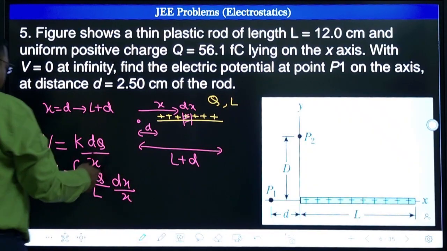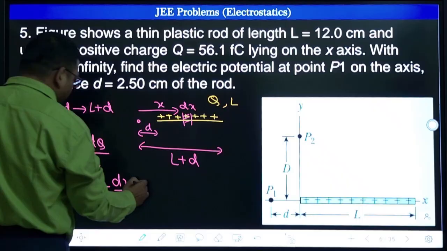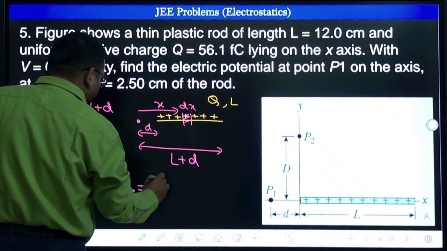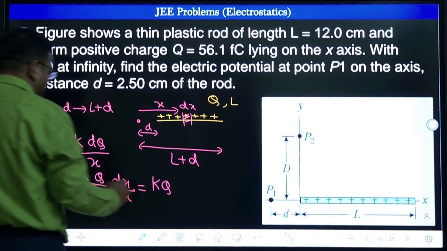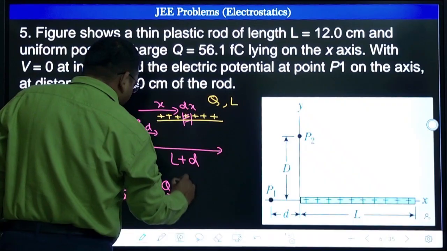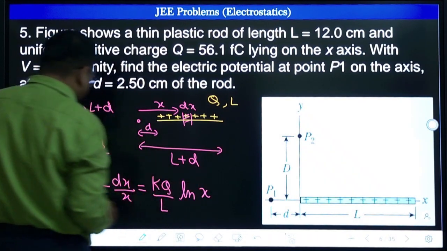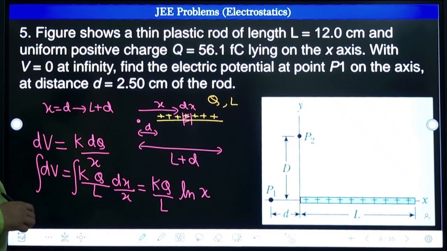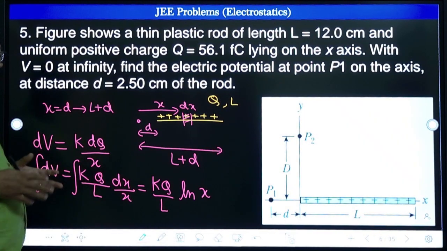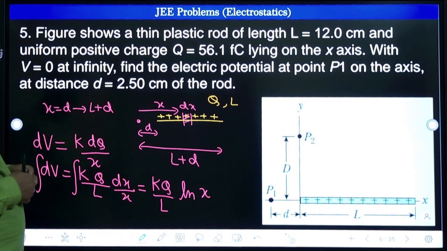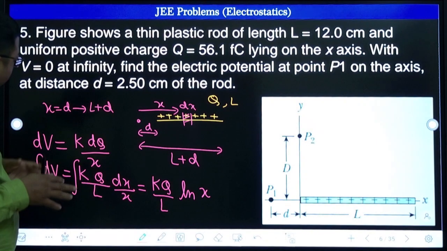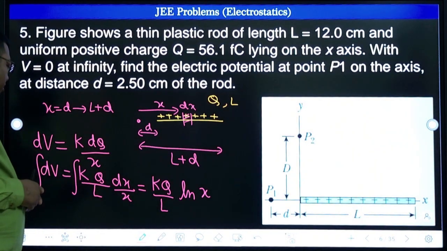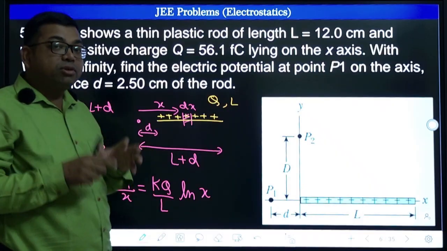So let us calculate the right hand side. What do we get from here? We are going to get kq by l times ln x, plus some constant if you are not sure of the limits of integration.